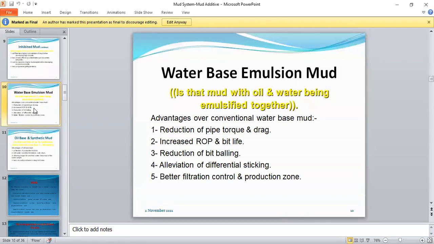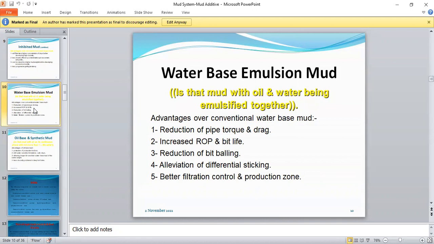Drag we talk about when you're pulling the pipe up and down. You have to pull the pipe up and down to ensure that your pipe is free, that you can continue drilling, and to ensure that your hole is clean. You know the pipe weight, the drill bit weight, and the fluid with respect to the viscosity and resistance to pipe, so you know the amount of pressure you apply to pull this pipe.